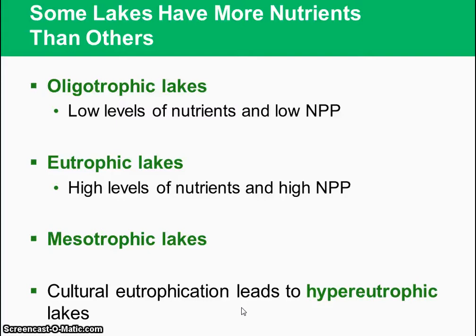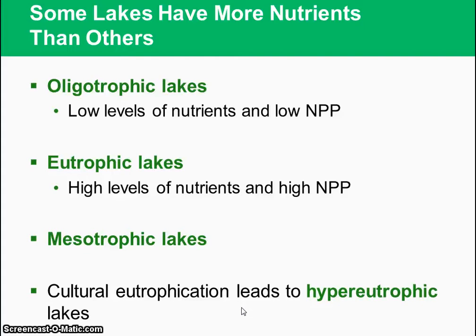Mesotrophic lake, meso, middle, it's something in between. And we're going to look at pictures in a minute. Oligotrophic and eutrophic, they're good for different things. Mesotrophic, middle ground, is great because it's halfway in between. But I'm going to show you some pictures and you're going to see what they're good for, these different types of lakes.